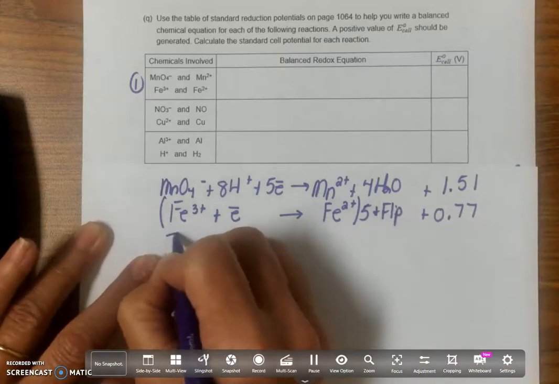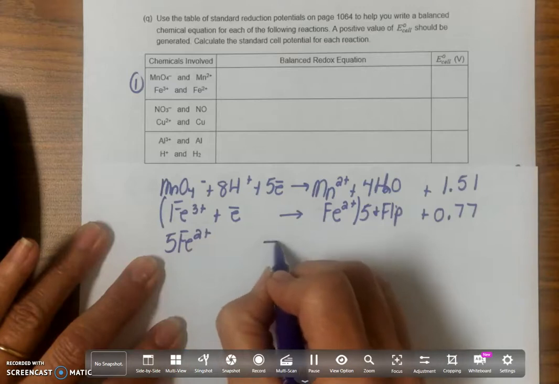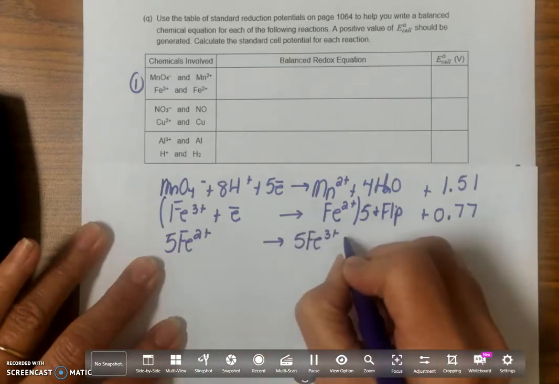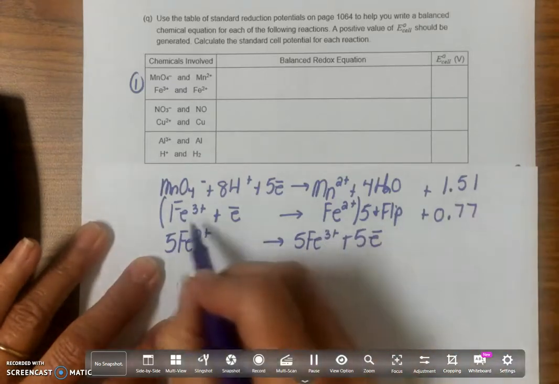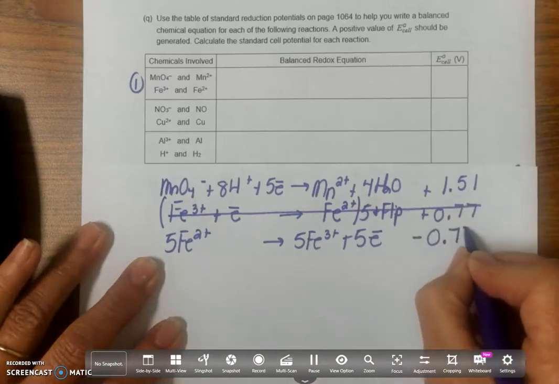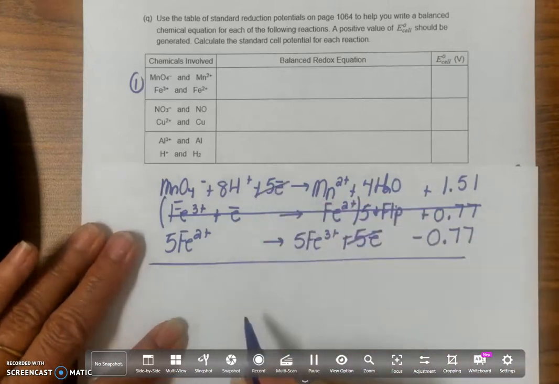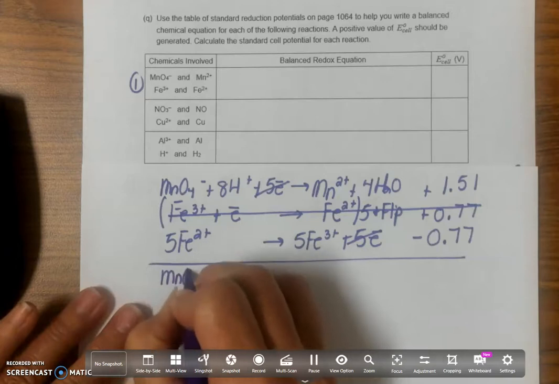So that's going to be 5 Fe2 plus goes to 5 Fe3 plus plus 5e minus. Remember, I'm not going to multiply the potential by 5, am I? I'm just going to make it a negative 0.77. Okay? Now I've got all those cancel, and I put all that together.